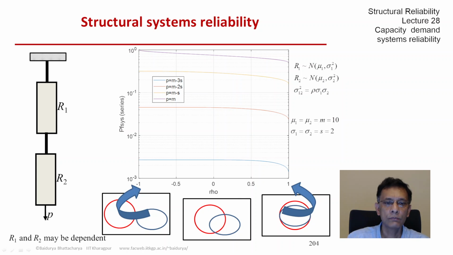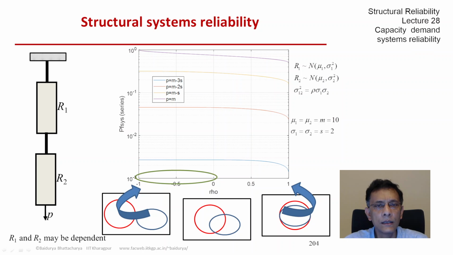Now, it so happens that this range, the negative values of rho, are really not very reasonable or difficult to defend in some sense for strengths.